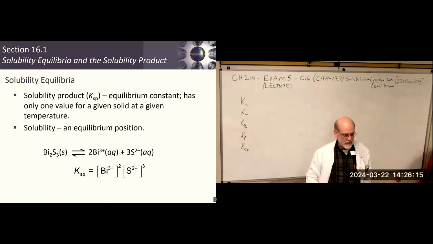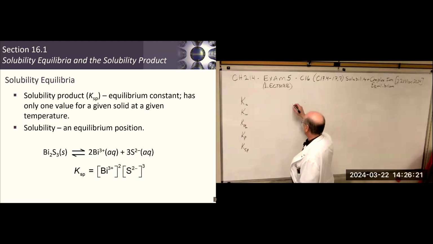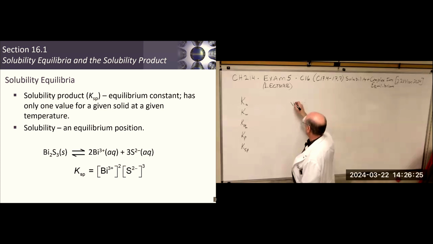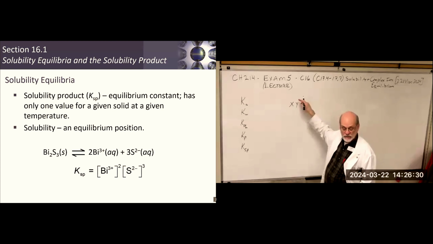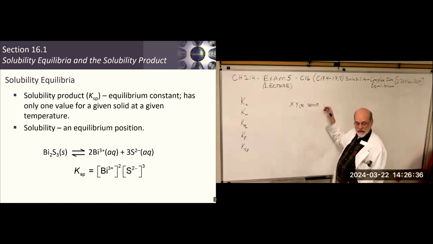Sp stands for solubility product. The reason it's called solubility product is this. Let's just take a generic example. We have a cation and anion that make a salt, right? And this is going into solution, and it's in equilibrium with its ions.